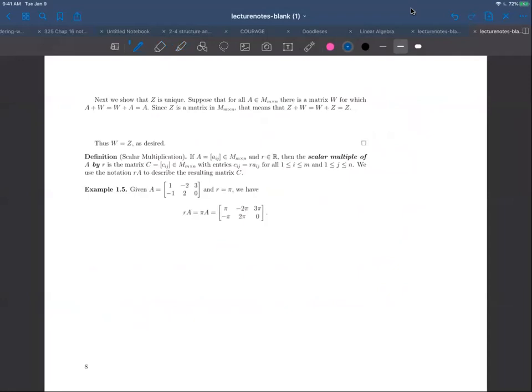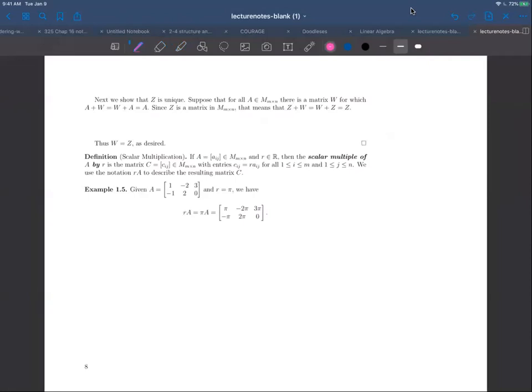So suppose that for all A in the set of m by n matrices, there's a matrix W for which A plus W equals W plus A equals A. Now I want to somehow show that W and Z are the same matrix. What I'm going to use is the fact that Z is a matrix in m by n, which means I can plug in Z for A. And that's what I do here. This means that Z plus W equals W plus Z equals Z.